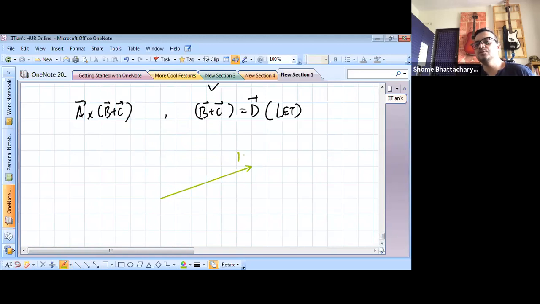जिसका मुझे मैग्नीट्यूड मैंने कैलकुलेट नहीं किया है, but I can see that this component of D is 9 root 3 and this component of D is 1. It's unit. Okay. This is the vector D. Whereas what was my vector A?